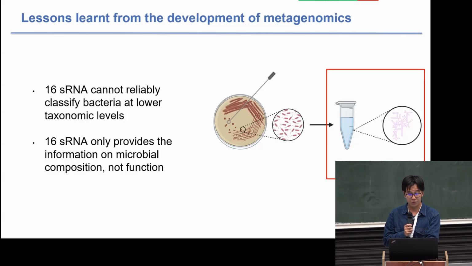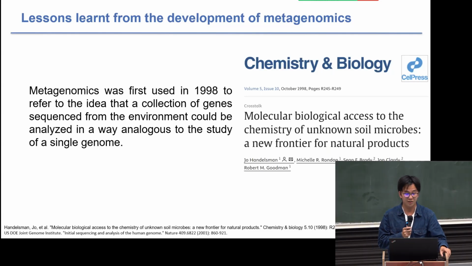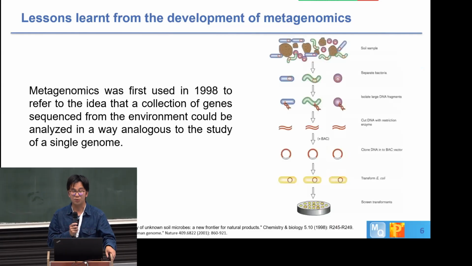So in terms of function, in 1998, very clever people created the term metagenomics, and it was used to refer to the idea that a collection of genes sequenced from the environment could be analyzed in a way like the study of a single genome. So for metagenomics, you don't really need to isolate them.